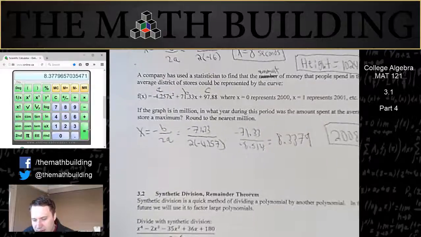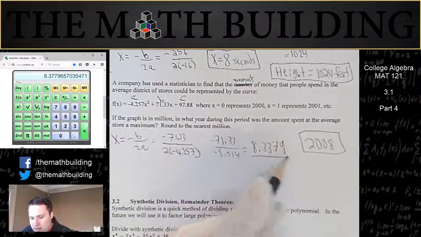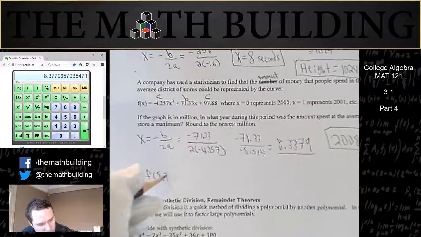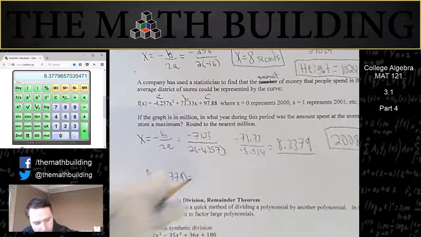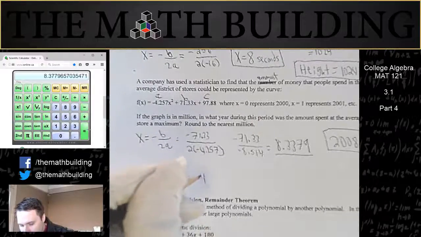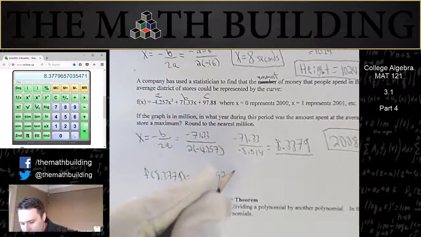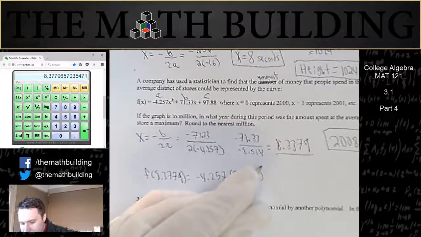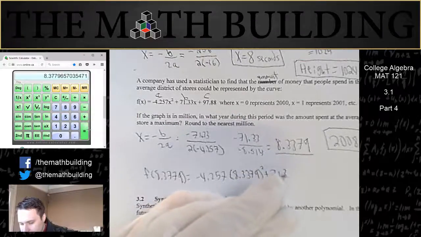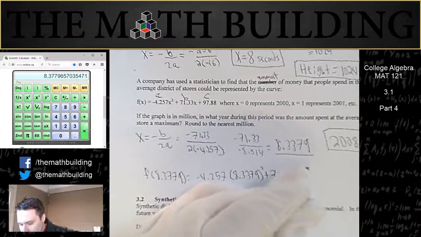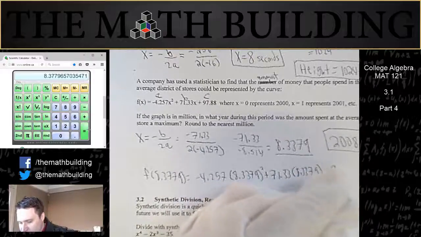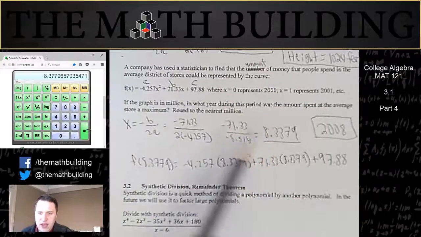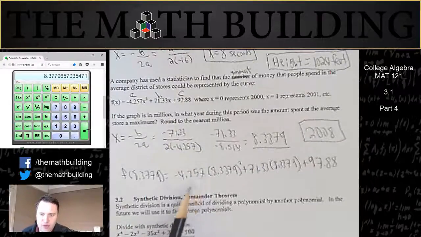How much money did they spend in millions of dollars? Well, let's just take this number and plug it in. So we find f of 8.3379. And so that's going to be negative 4.257 times 8.3379 squared, plus 97.88. I'm just plugging it into the equation. I took my answer and plugged it in for x in the formula.